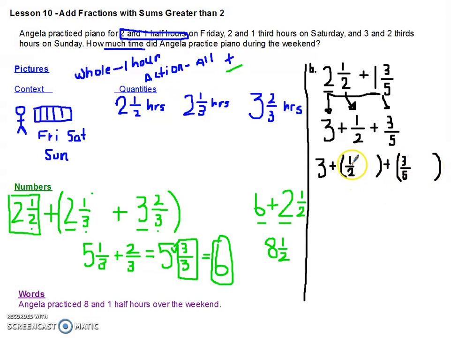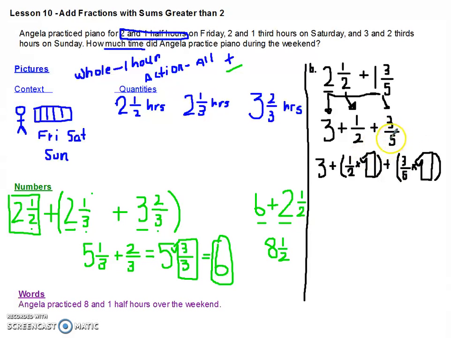I like to use parentheses just to show what I'm doing with each fraction. Now, I don't want to change the size of the parts that are colored in, but I just want to make those parts into a different size. And the only way that I can keep that the same size is by the rule of multiplying by 1, which keeps the number the same, but changes how many parts we have. So we're going to be multiplying by 1. But we can change or rename that 1 into any fraction that we want.